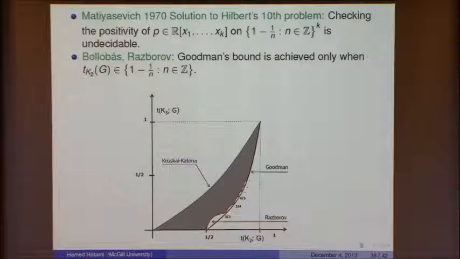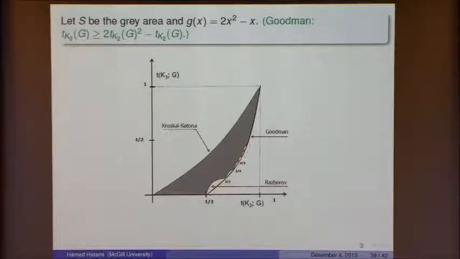And actually, the new result of Razborov completely describes this gray area, describing the actual lower bound. So there are infinitely many curves here, separated. So you see, there is a way of using edge density and triangle density to get this discrete set. That's the main idea of proving the undecidability.